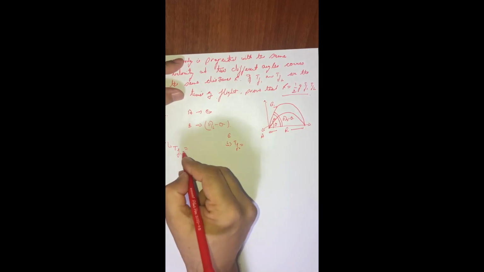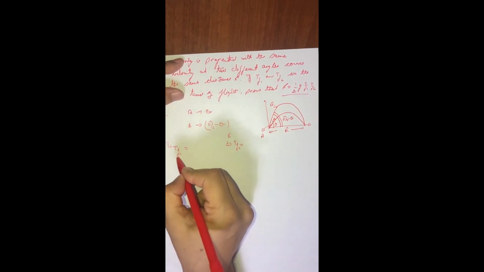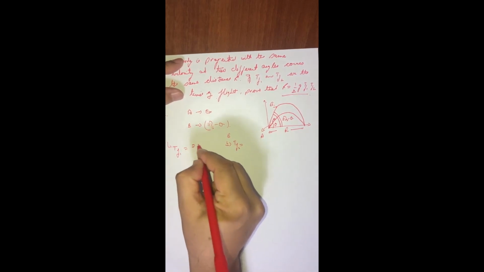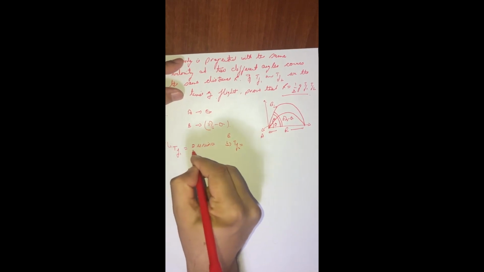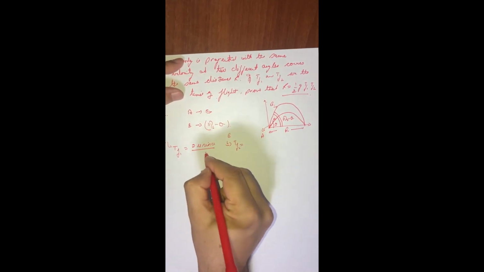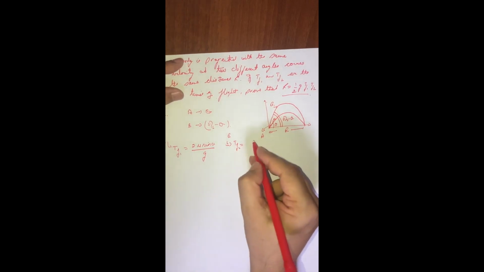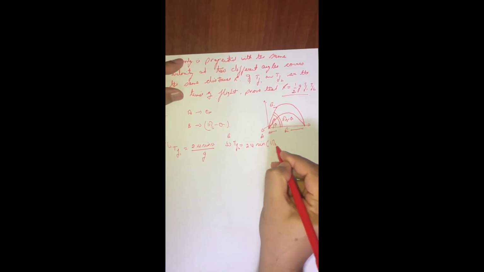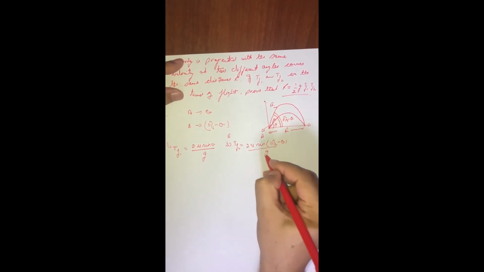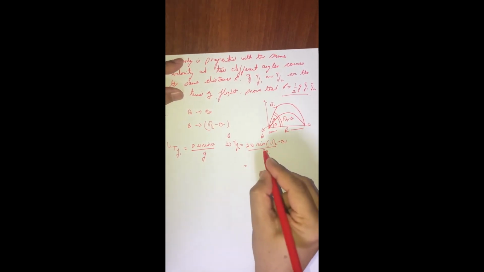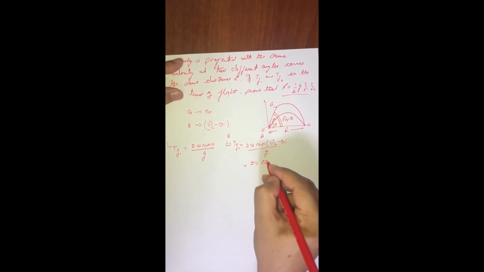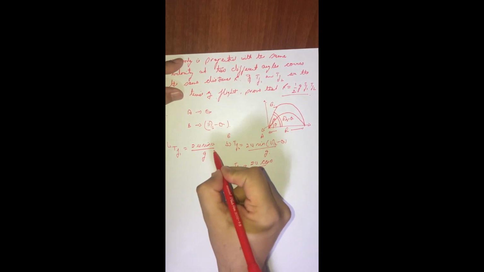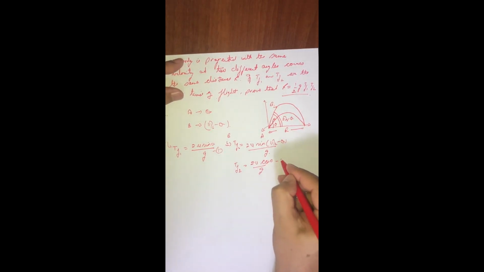What we do, we have a direct relationship between time of flight based on their angle of projection, which is given as 2u sine of theta divided by g, and for body B it will be given as 2u sine of pi by 2 minus theta divided by g. This can be further solved as 2u cos of theta divided by g. So let this be equation number 1 and this be equation number 2.